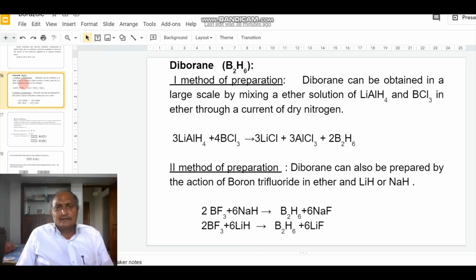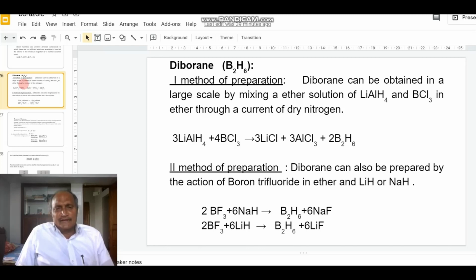The preparation reaction of diborane can be represented as 3 moles of lithium aluminium hydride reacting with 4 moles of boron trichloride. Both the reactants are preferably taken in an ethereal medium.